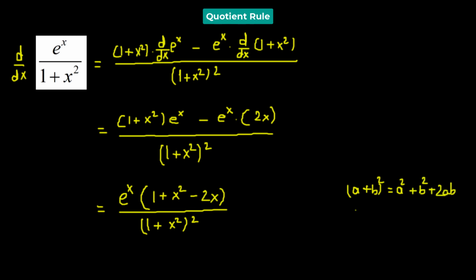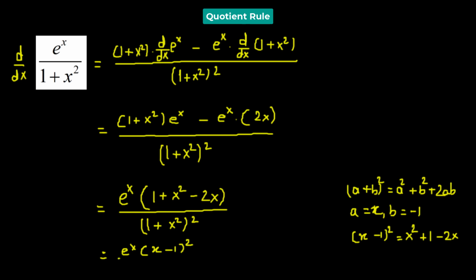So here if we consider a to be equals to x and b to be equals to negative 1, so we have x minus 1 whole squared, so that gives us x squared plus 1 minus 2x. So our final derivative will be e raised to the power of x times x minus 1 whole squared divided by, so let's write it as x squared plus 1 whole squared. So this is going to be the derivative.